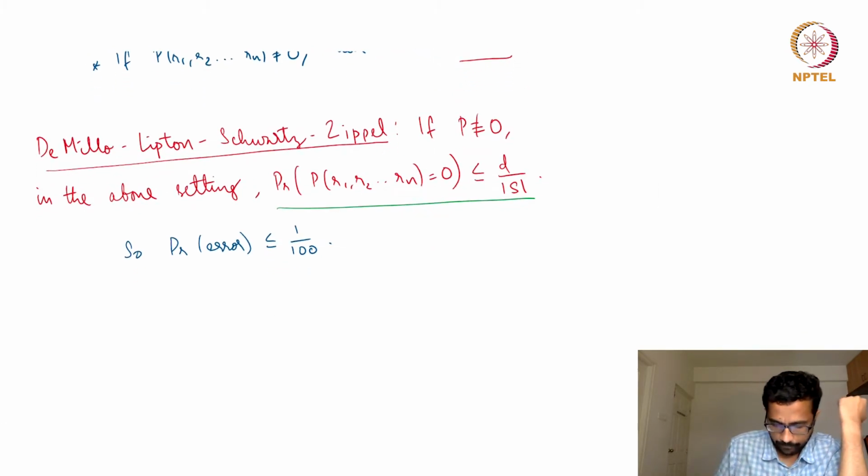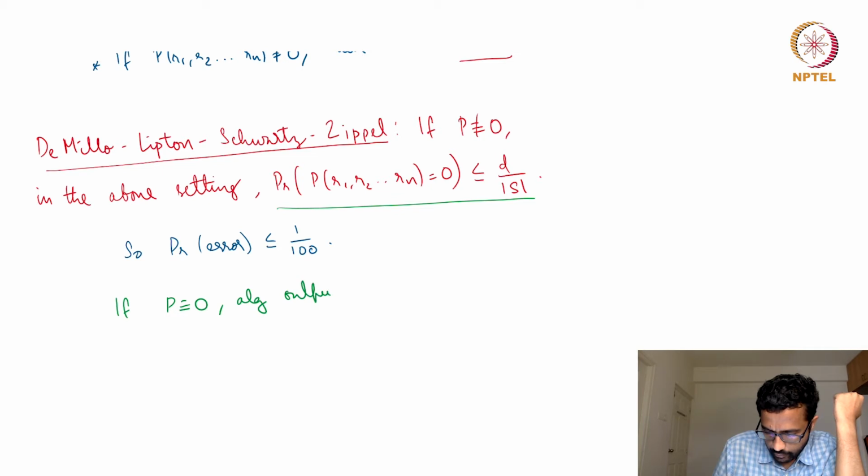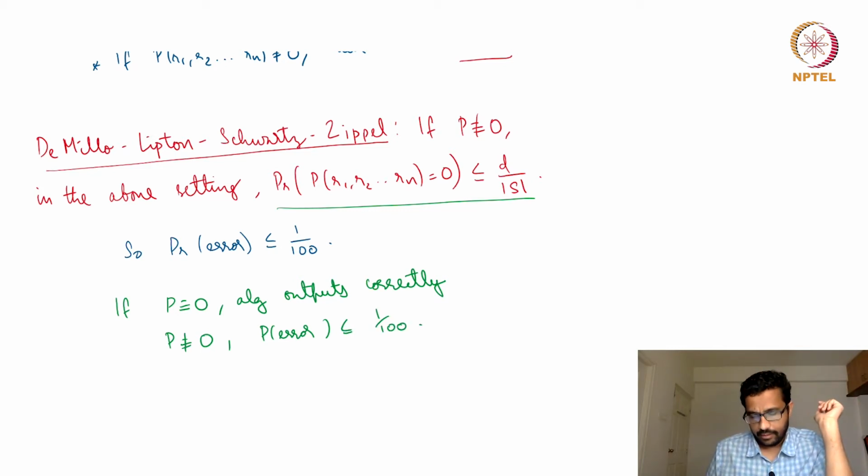So if P is identically equal to 0, the algorithm outputs correctly, and if P is not identically equal to the 0 polynomial, the probability of error is at most 1 divided by 100. Right. So there is some probability of error, and this is at most 1 divided by 100.